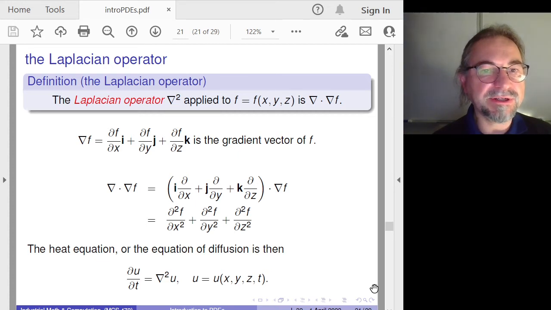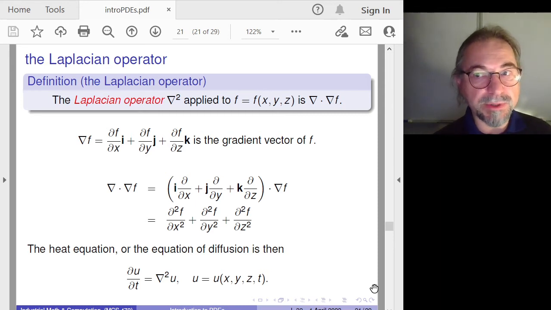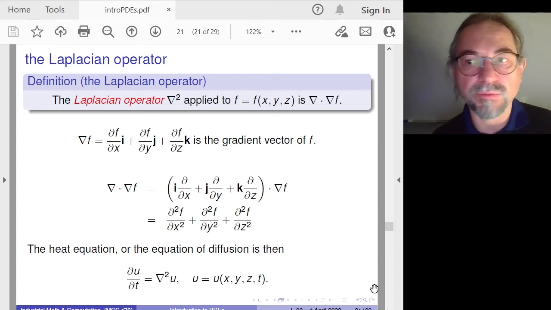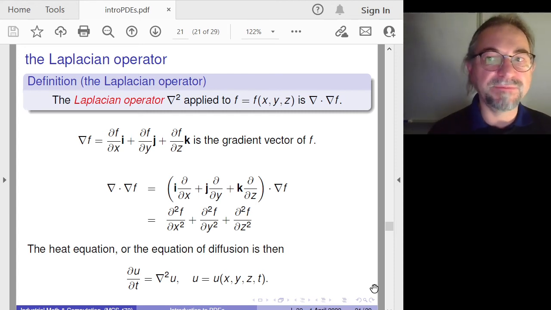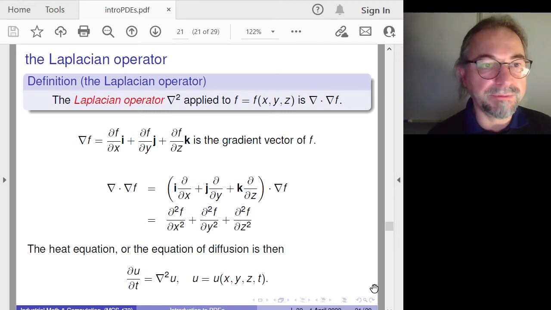That actually goes from the scalar field to the vector field. So applying this del operator gets you into the vector world. I should probably have emphasized that a little bit more when I defined the del operator. And by applying the dot product, you go in the opposite direction, from the vector field back to the scalar field.